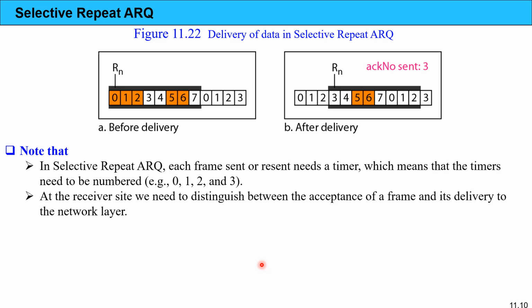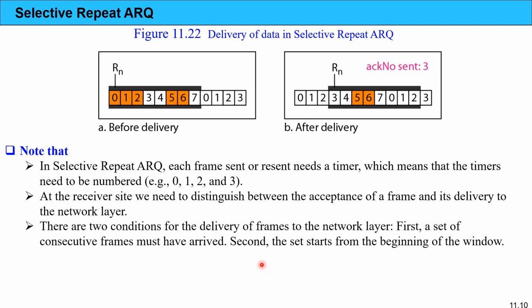What I will discard is if I receive a new, next 0. So there's a difference between accepting a frame and delivering the frame to the network layer. This is important to know.